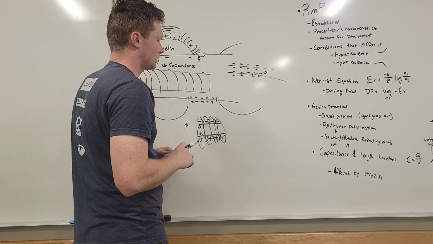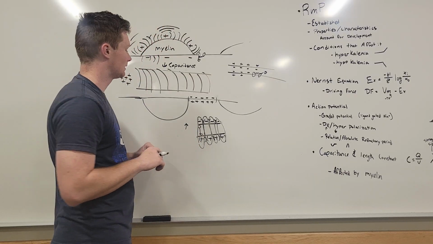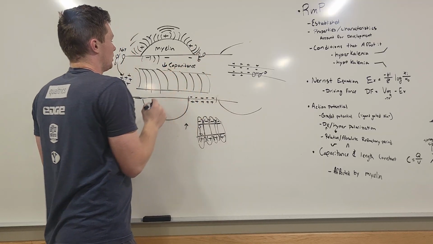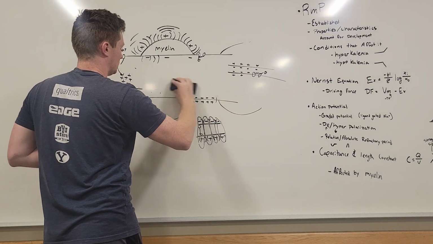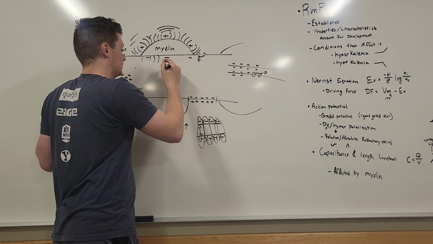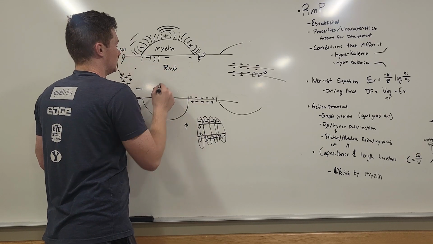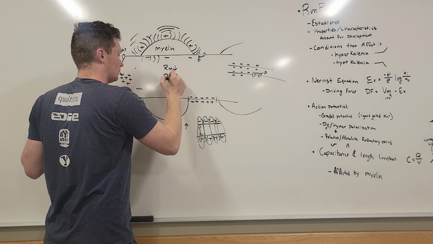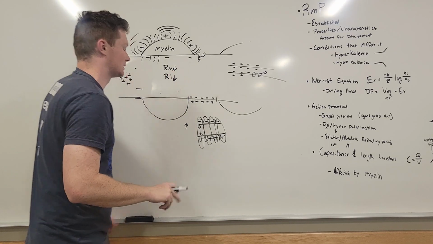Length constant involves Rm. Rm is membrane resistance. So basically it's saying how many of these pumps we have at that moment. If you're within the myelin, you're going to have a lot of Rm, right? Down. But because this is such a wide thing, which is Ri, its internal resistance, we're going to have less internal resistance also.